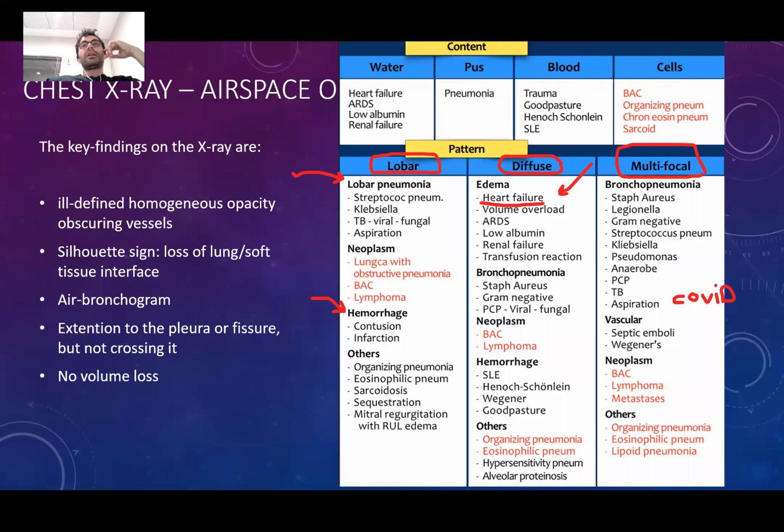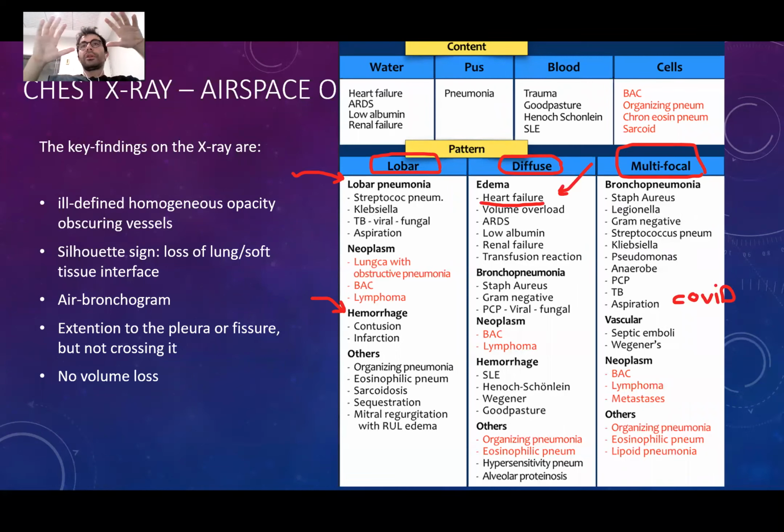There are a lot of things that can cause these consolidations. When it is localized, we should always think of pneumonias, for example, and cases like pulmonary hemorrhages, lymphomas, and interstitial lung diseases like eosinophilic pneumonias and sarcoidosis. Many diseases can cause consolidation.